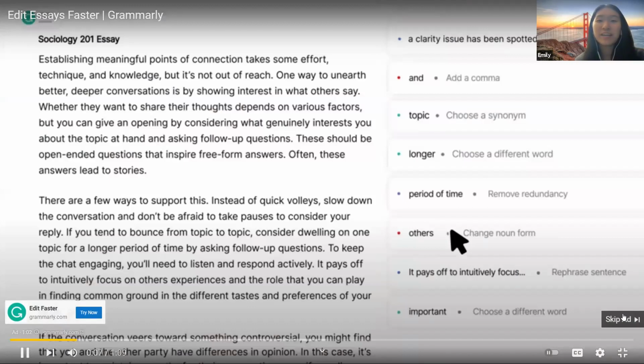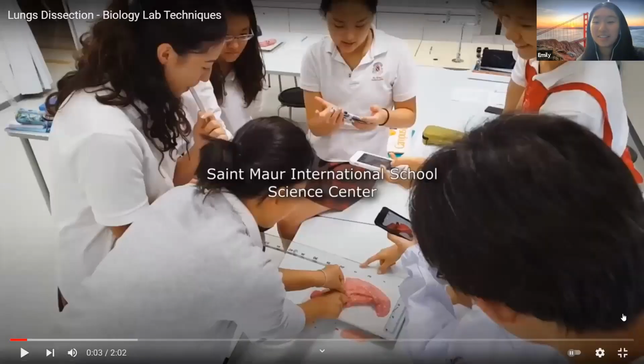Yeah, if you don't like dissections, don't watch this, obviously. I think it's kind of cool, and it's not terribly gross. It's just very red, and you can see the lung, but there's no blood.